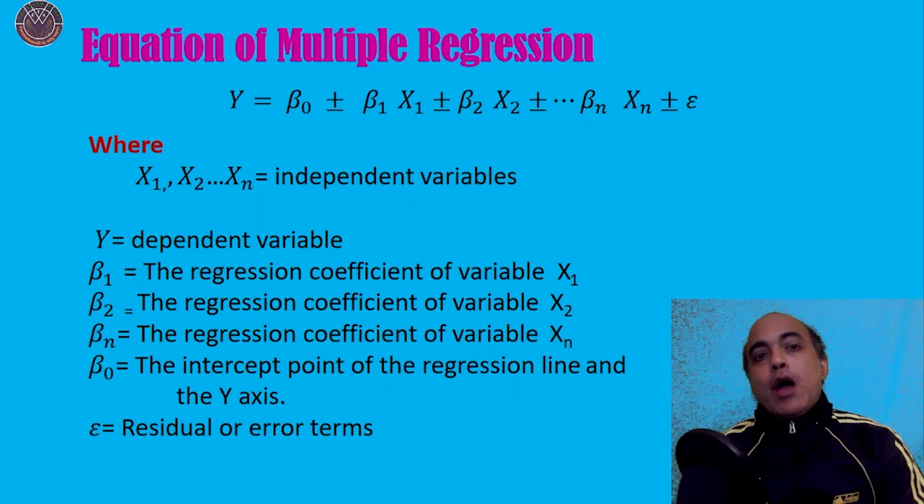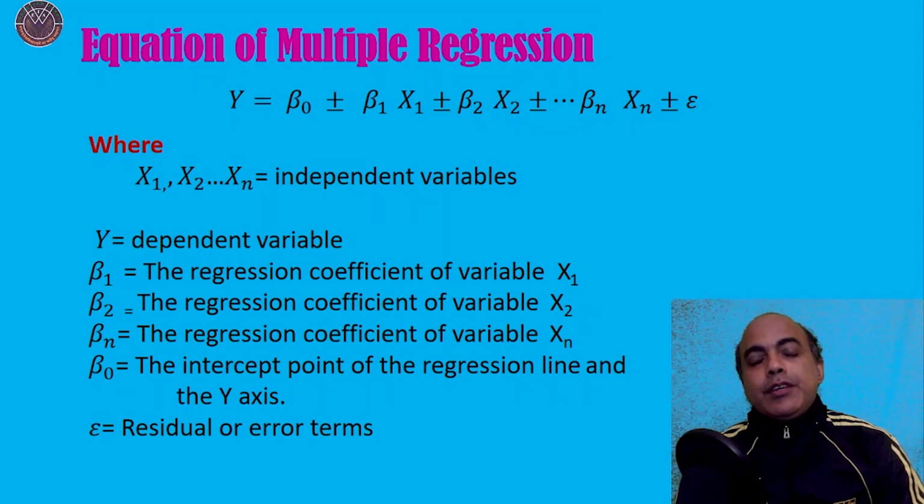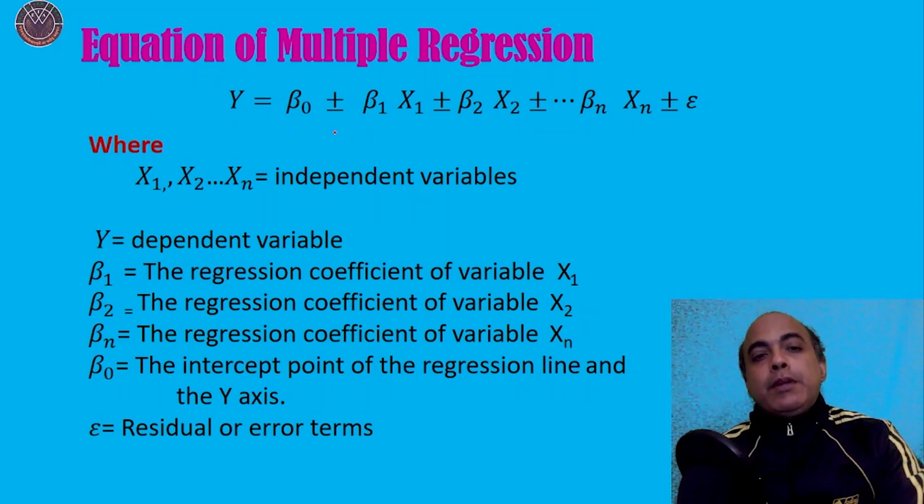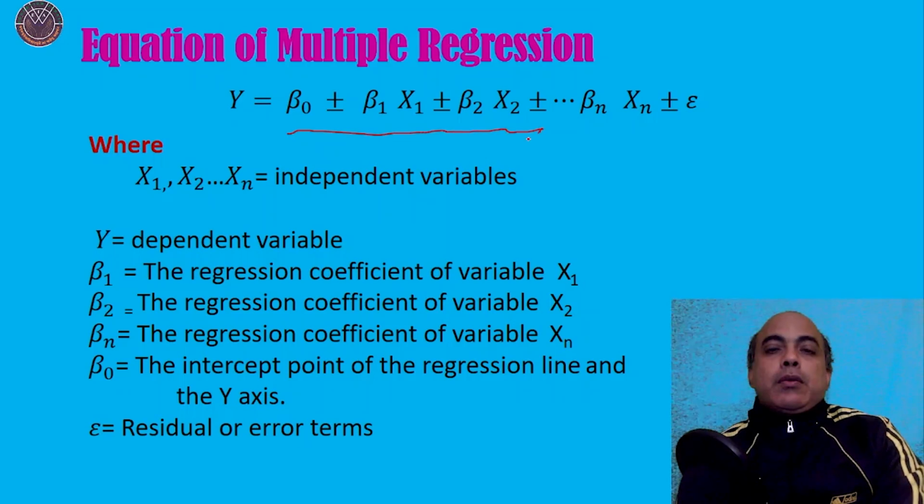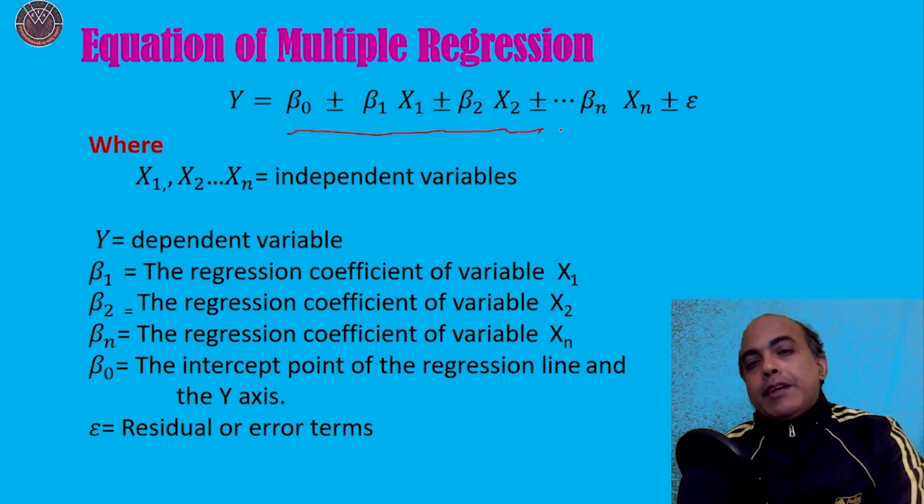So let us now see the equation of multiple regression. The multiple regression equation is given by y = beta 0 ± beta 1 x1 ± beta 2 x2 ± and so on, and the last term will be beta n xn.